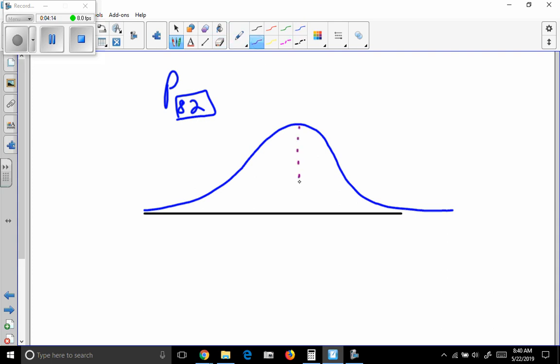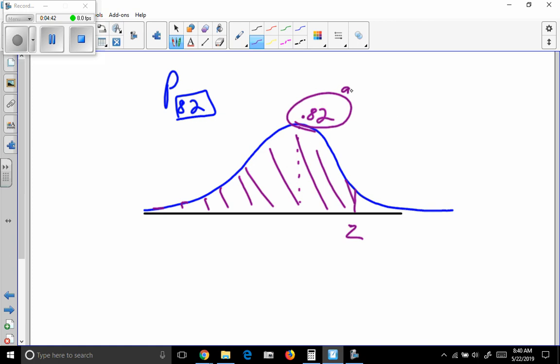So if this is the middle, then 50% is on that side. So if 82% is to the left of our location, we have to be over here somewhere. Because this area to the left of our z has to be 82% or 0.82. That's what we mean by the 82nd percentile. So that corresponds to an area.